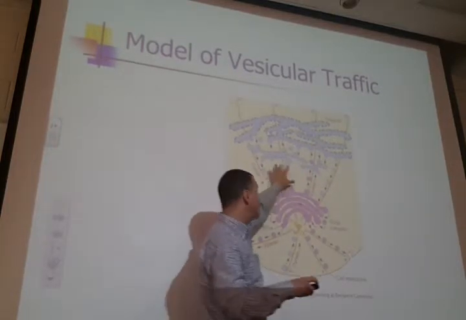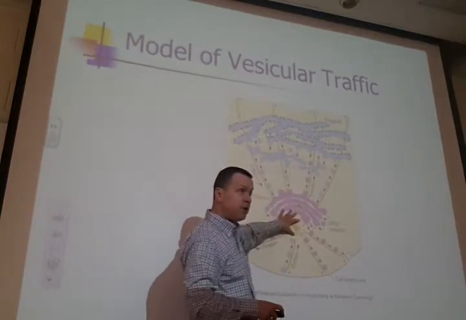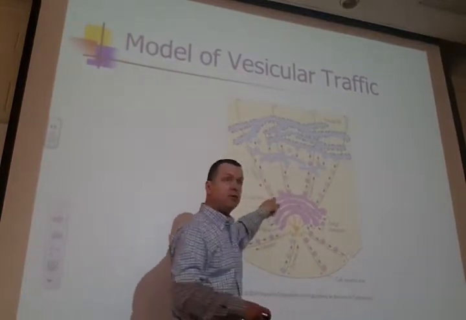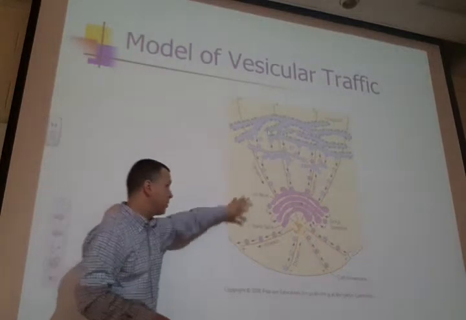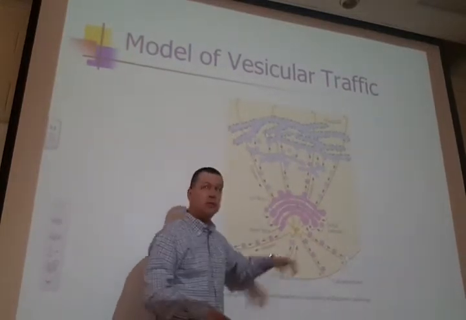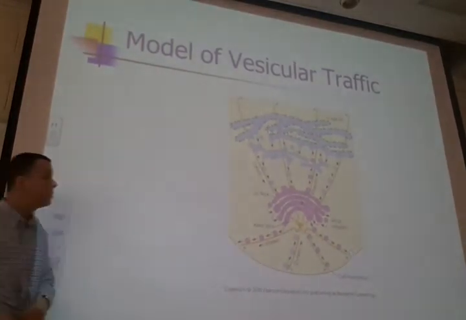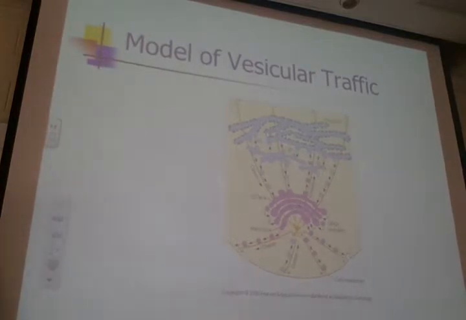So they're not just randomly diffusing over to the Golgi. They're being walked along microtubules to the Golgi. And they're being walked from the Golgi to the cell membrane. So this links nicely to the stuff we were just doing.